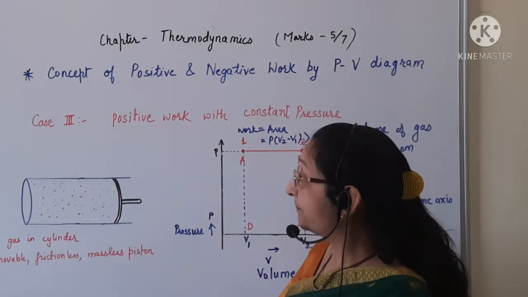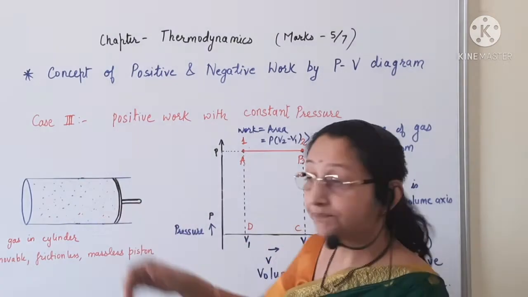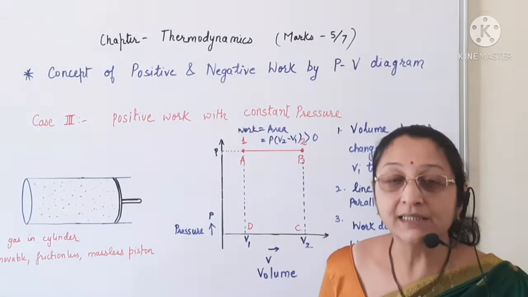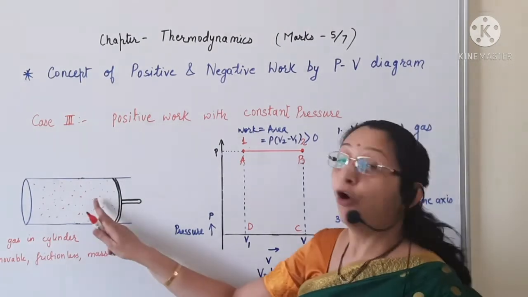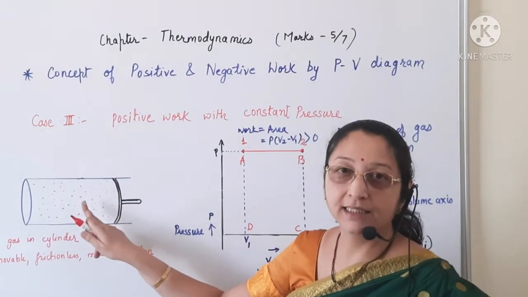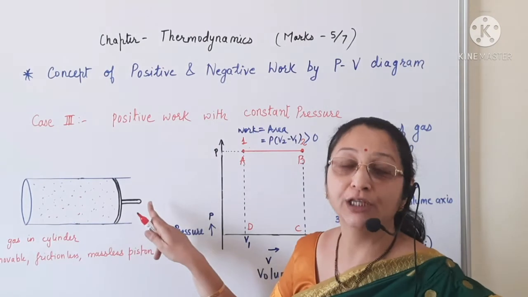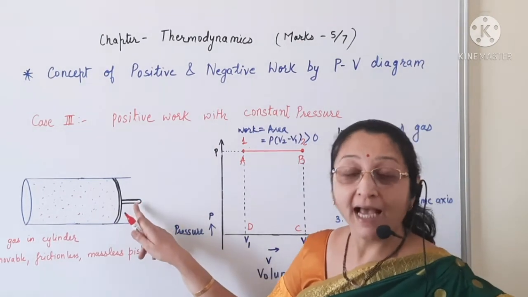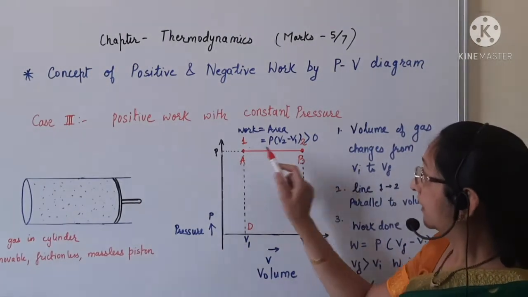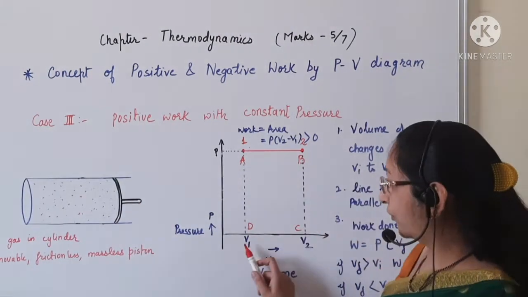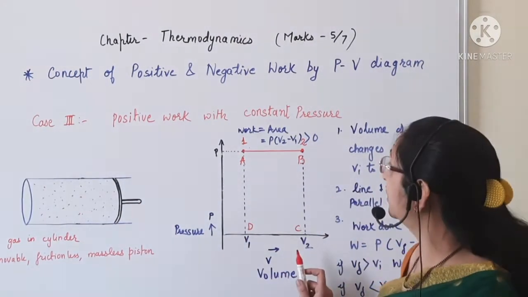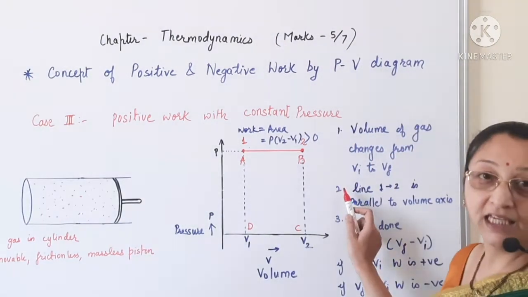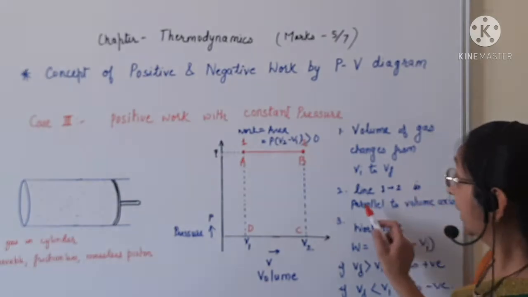The gas pushes the piston. The volume of the gas increases because the piston is pushed in the outward direction, so the volume increases from V1 to V2, that is, from the initial volume Vi to the final volume Vf.